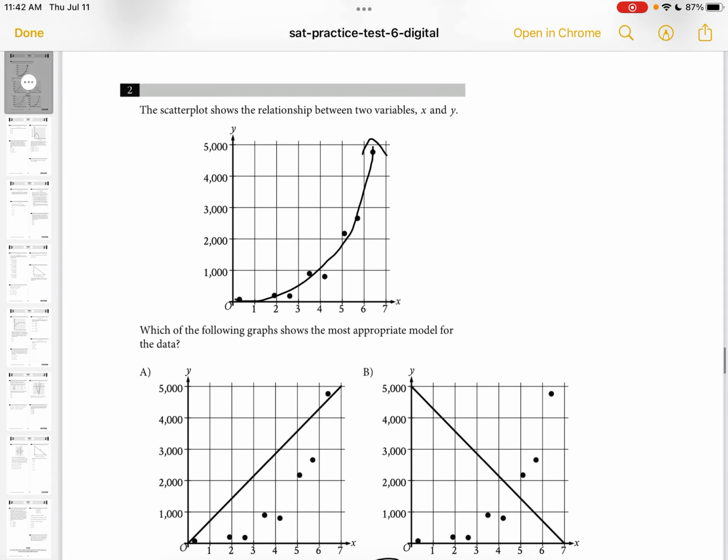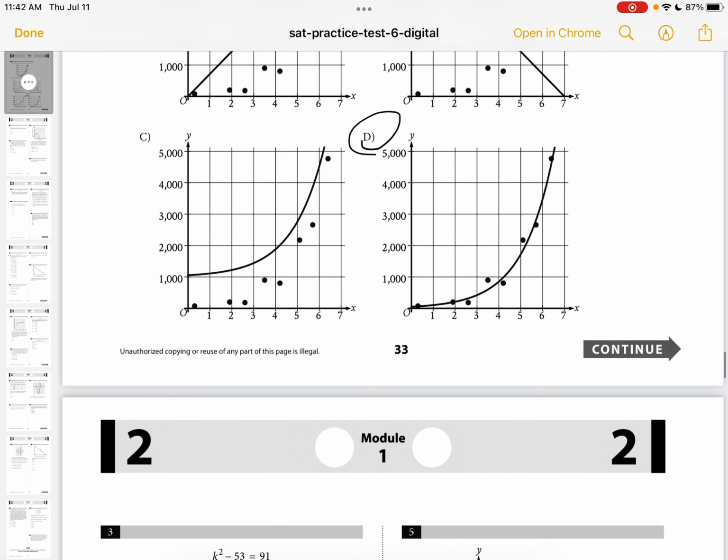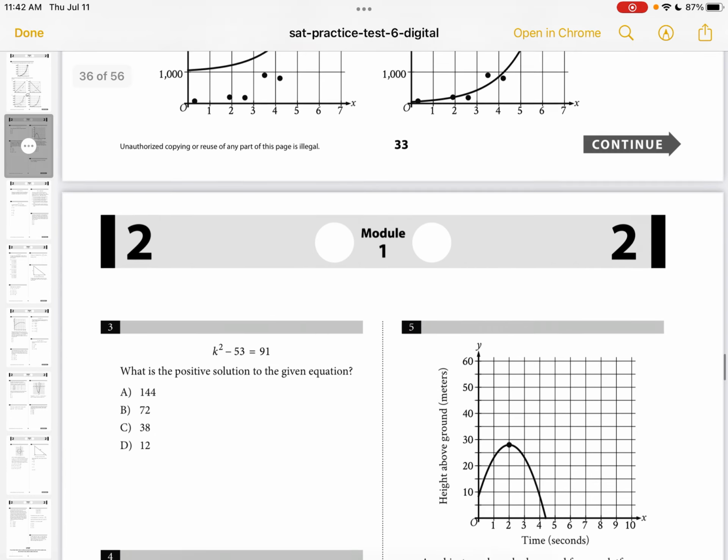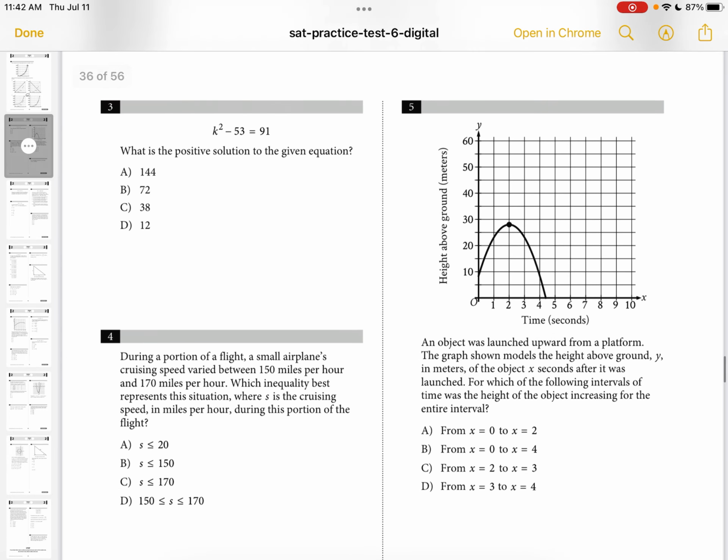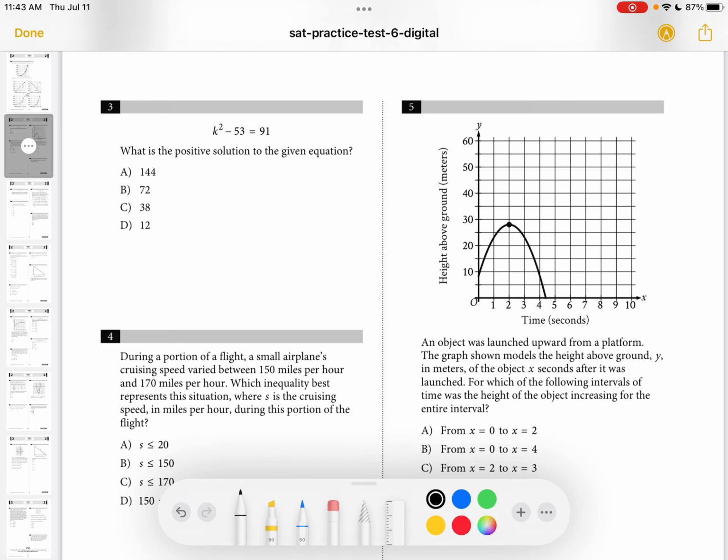Option D best matches the shape of the line of best fit that I drew for question number 2. It looked like an exponential curve, so I just drew that, and we matched it with D, so happy coincidence.